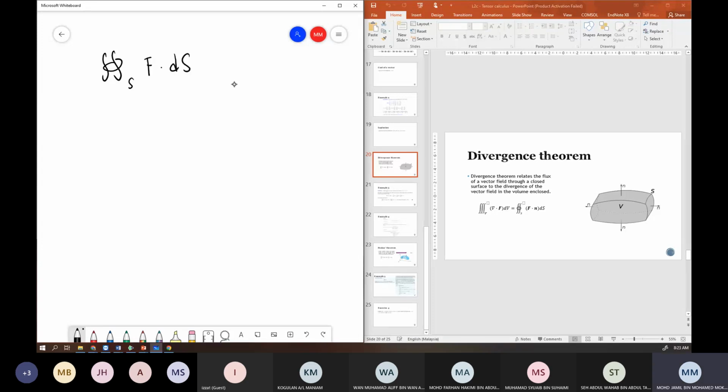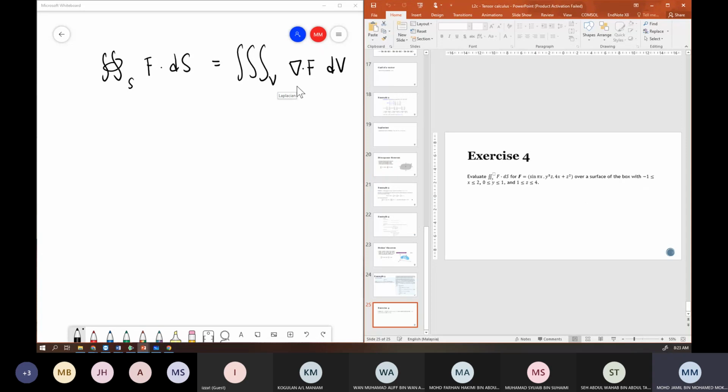To find this, you can just find the triple integral of divergence F. So let's find this part first, divergence F.